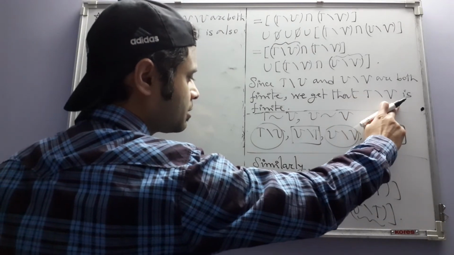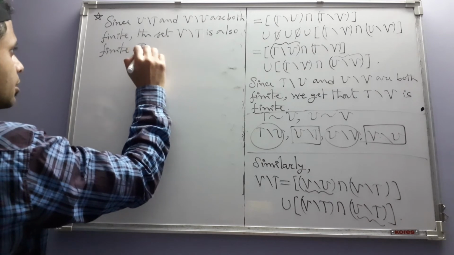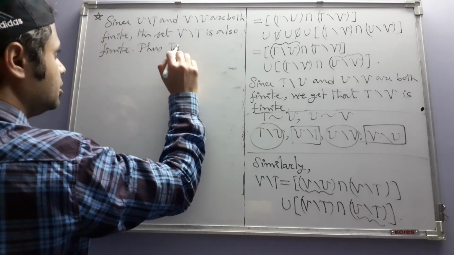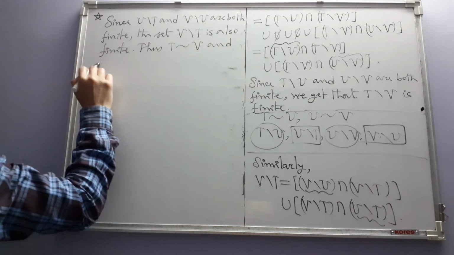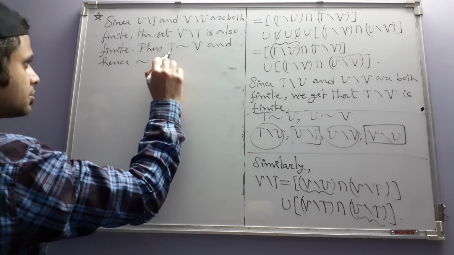So this difference is finite and this one is also finite. Thus t is related to v and hence our relation is transitive.